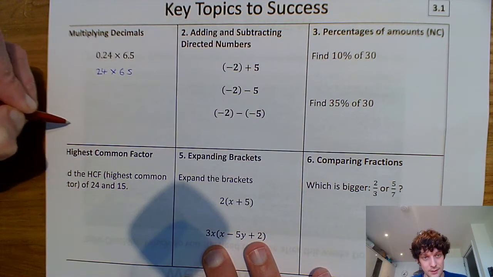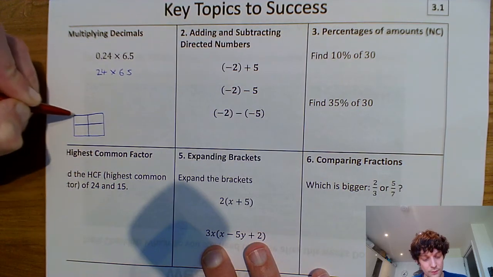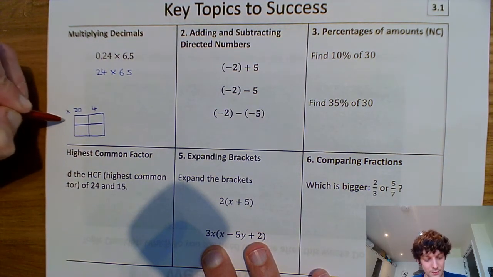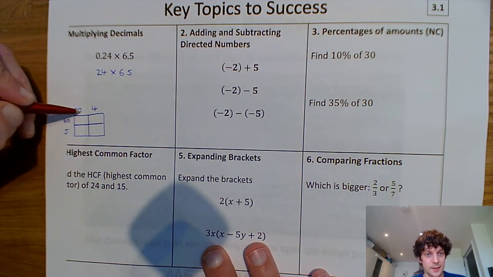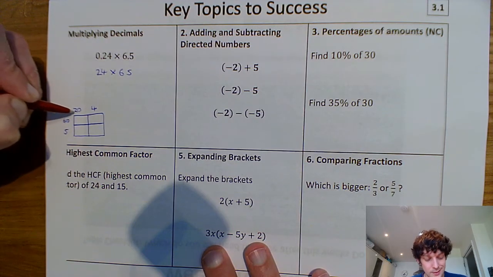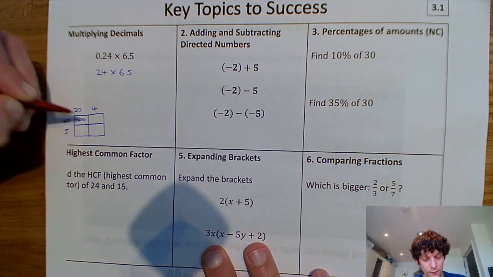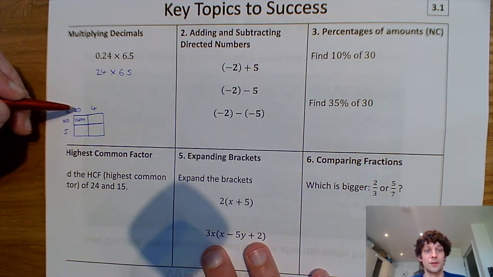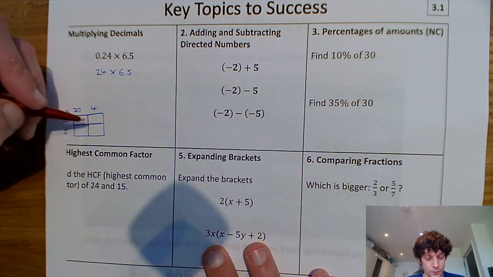24 times 65, and I'm going to use the grid method to work it out. So 24, I'm going to split into 20 and 4. 65, I'm going to split into 60 and 5, and I'm just going to fill these boxes up. So I've got 60 times 20, 6 times 2 is 12, so 60 times 20 is 1,200. Because I'm multiplying, if you think 60 times 2 would be 120, so 60 times 20 is 10 times bigger, 1,200.